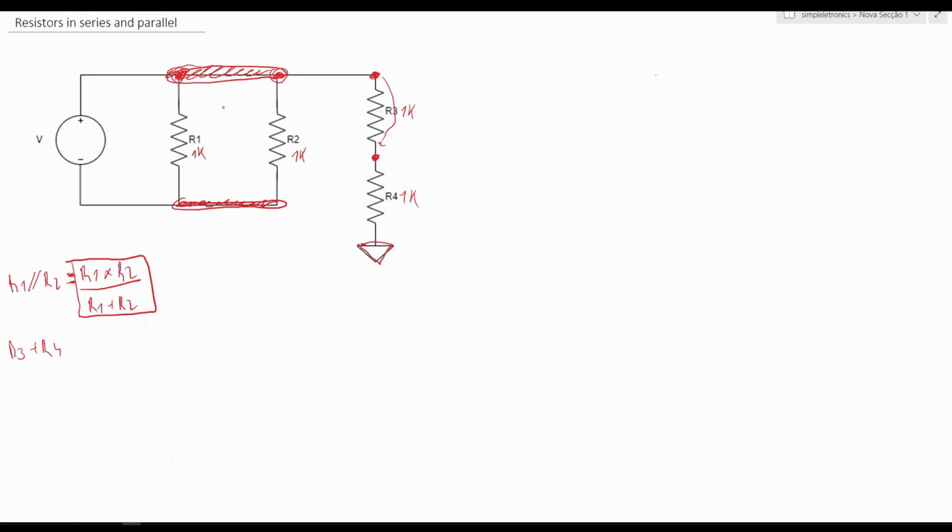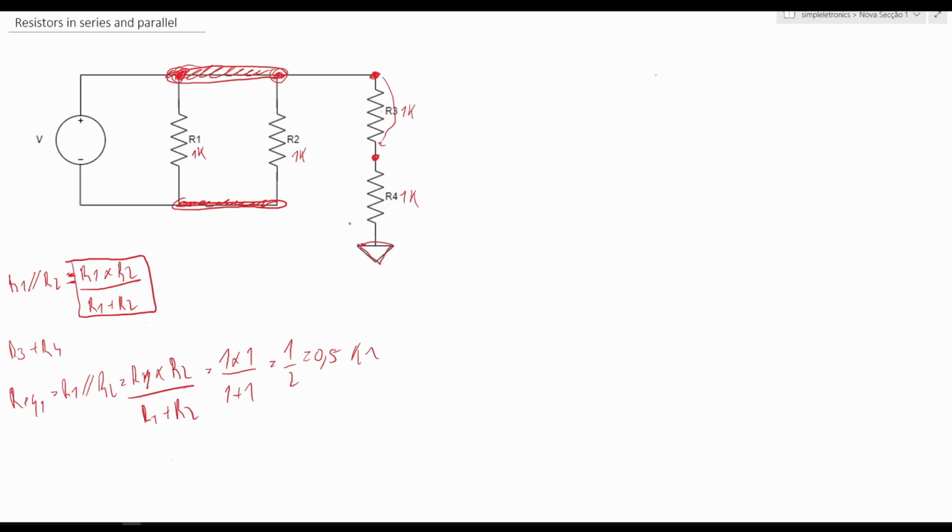Let's say that these two resistors in parallel are equivalent 1. It's equal to R1 in parallel with R2, which is R1 multiplied by R2 divided by R1 plus R2, which is 1 multiplied by 1 divided by 1 plus 1, equal to 1/2 kilo ohms.